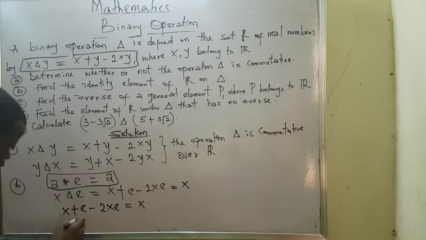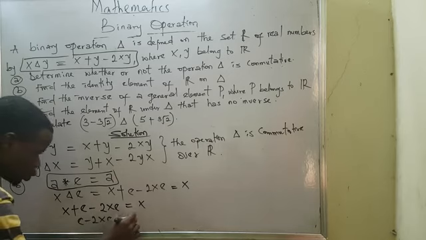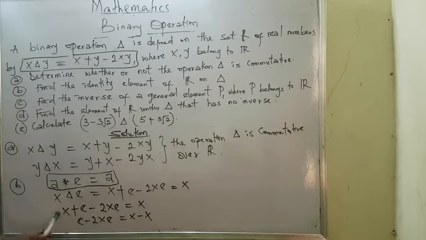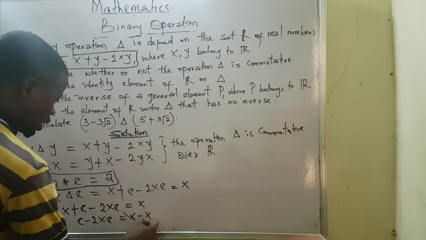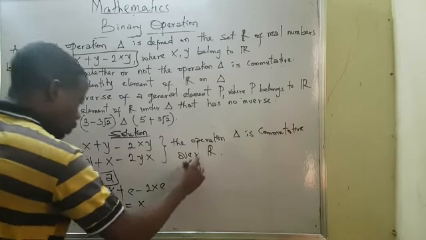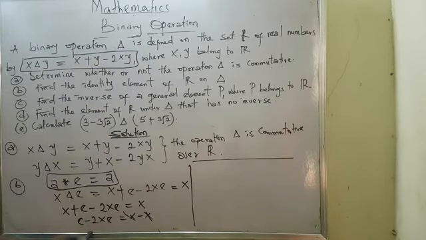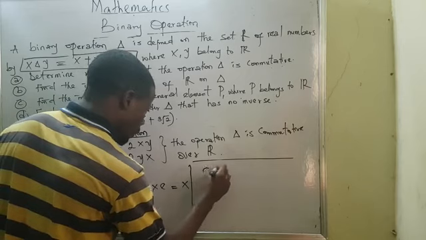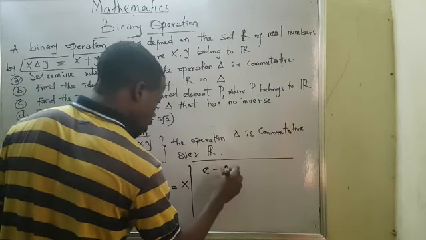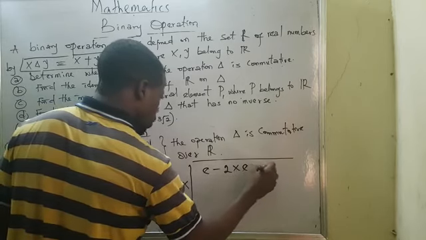Then here, collecting like terms, 2xE can be equal to x minus x. You subtract x from both sides, and this is gone. So you have E minus 2xE equal to 0.